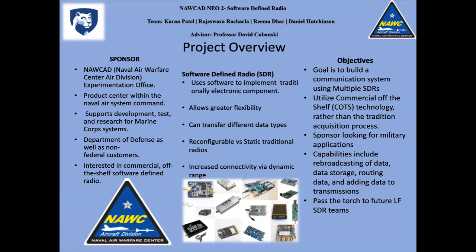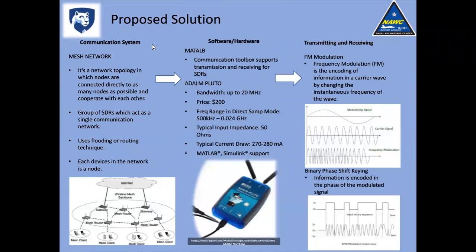So a software-defined radio uses software to implement traditionally electronic components, which allows for greater flexibility in frequency ranges and data types. One of the ways we tackled the problem was by using a mesh network as a communication system network.